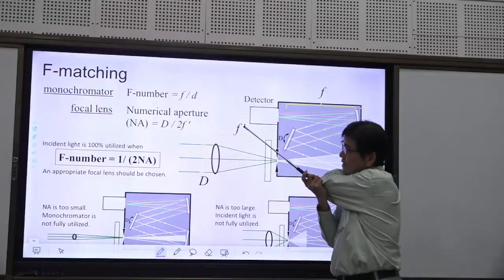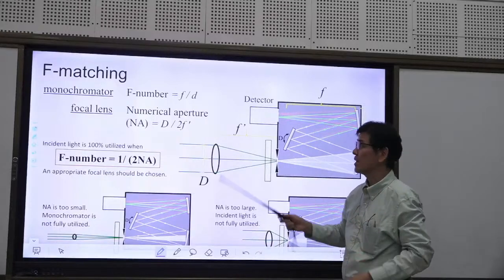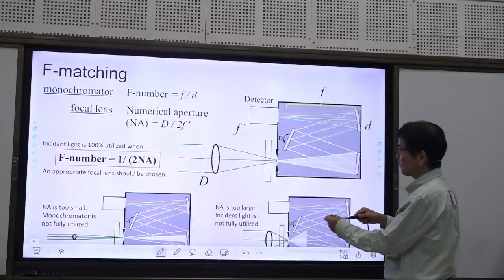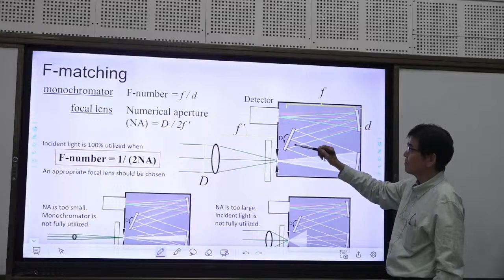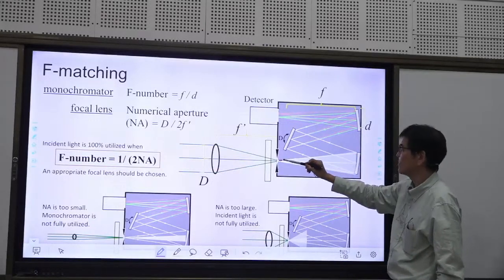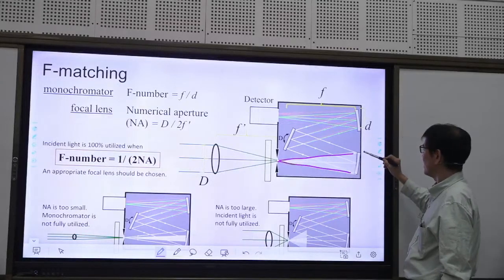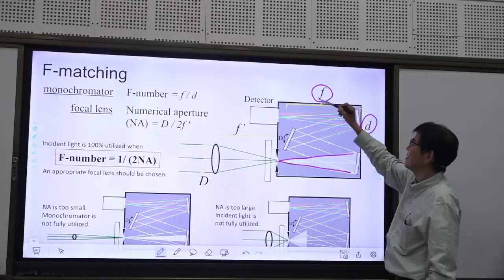When we set up the monochromator, an important step is F matching. The angle that this monochromator can receive is determined by this diameter d and this length f.